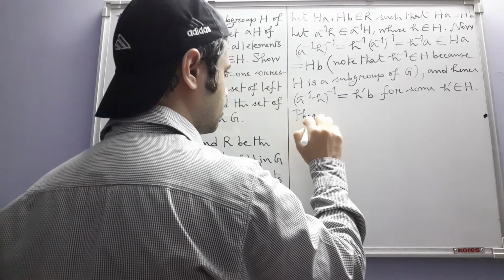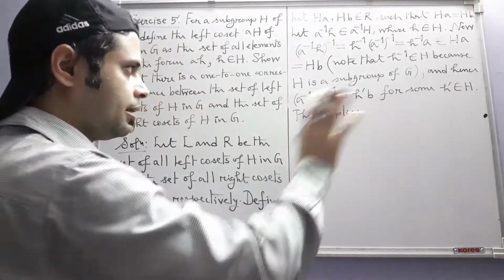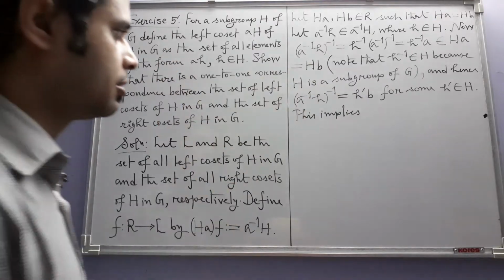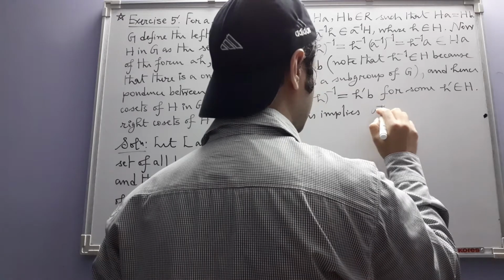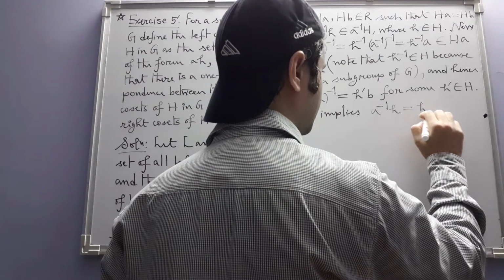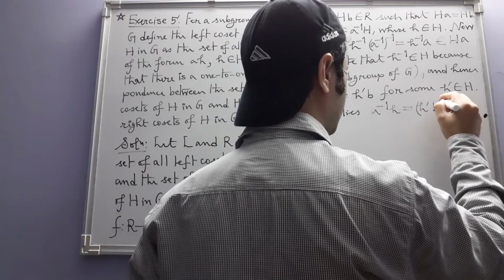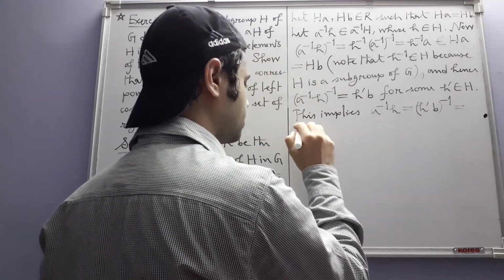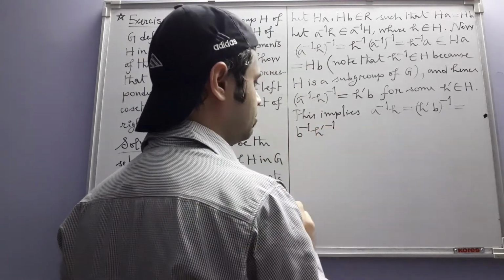This implies, now if we take inverse on both sides, on the left hand side the two inverses will cancel each other and we will have the element itself, that means a inverse h. On the right hand side, however, we will have to take the inverse of h prime b, and this will be equal to b inverse h prime inverse.